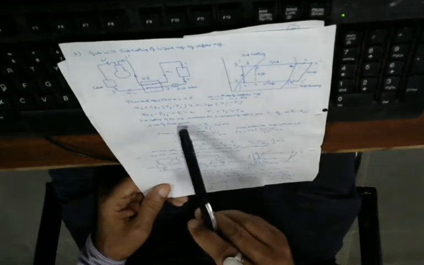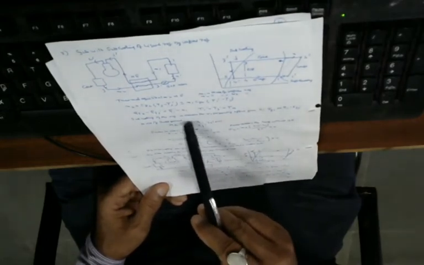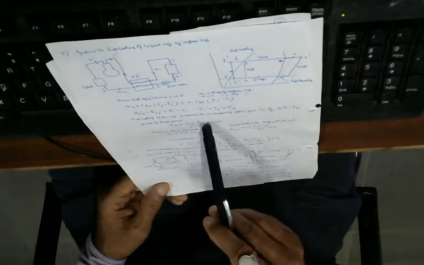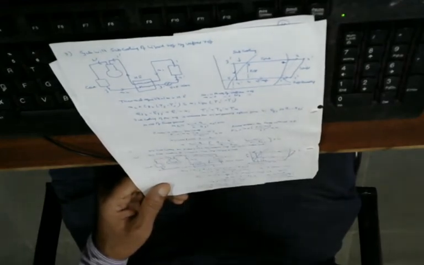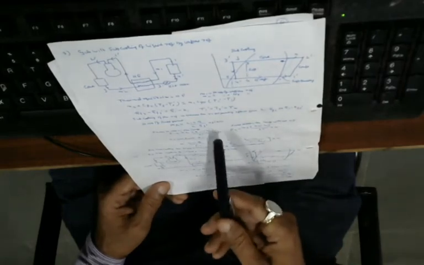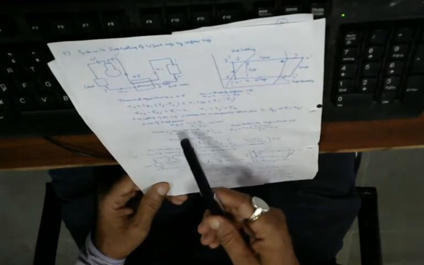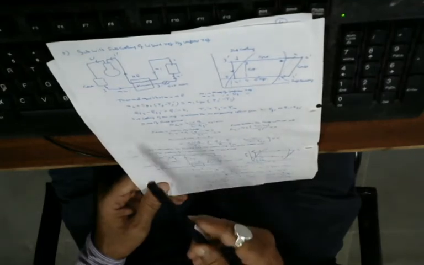Then the mass of the refrigerant can be calculated: MR, that is the total tonnage, 210 Q, where Q is the given cooling capacity, divided by the actual cooling effect, h1 minus hf3, in kg per minute. So we get the mass of the refrigerant.